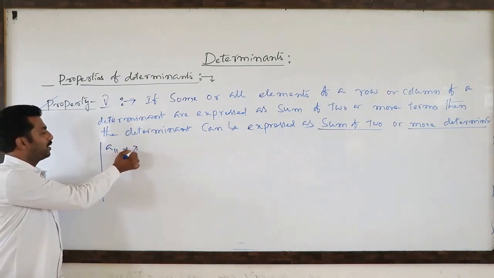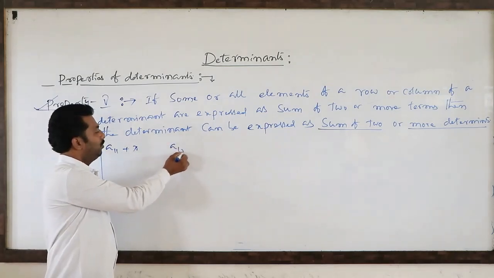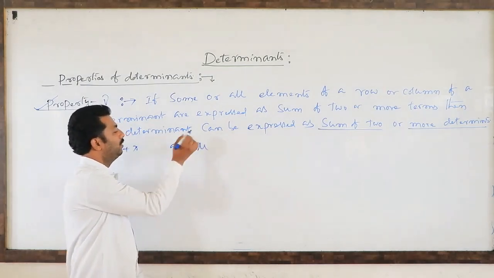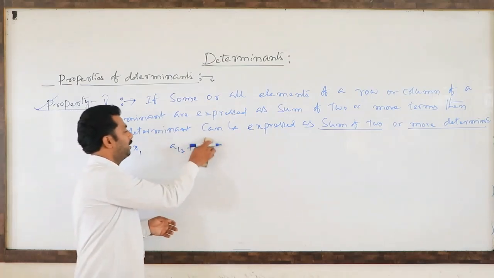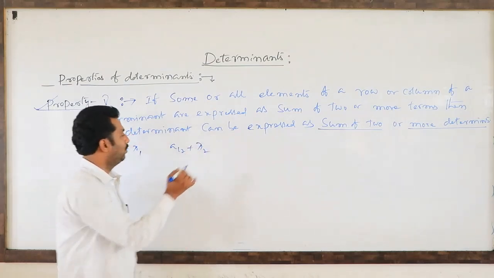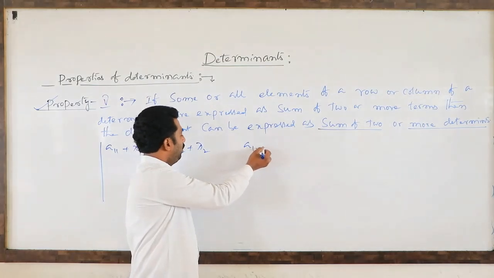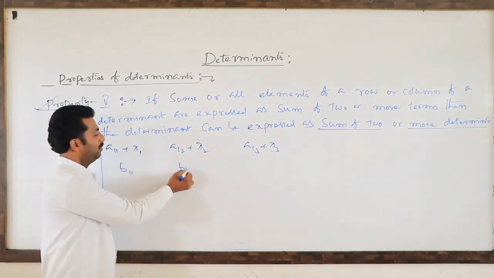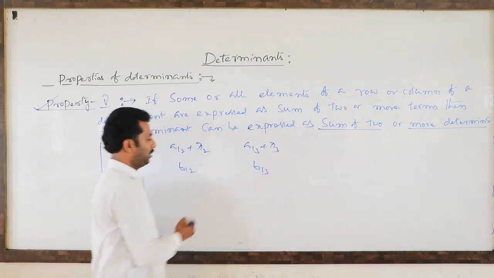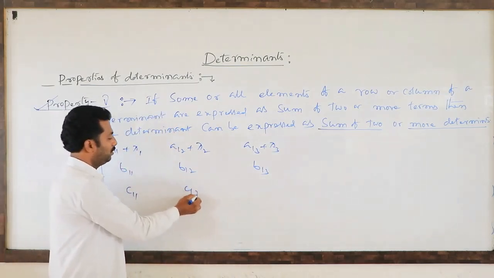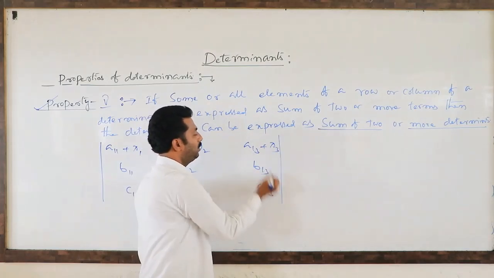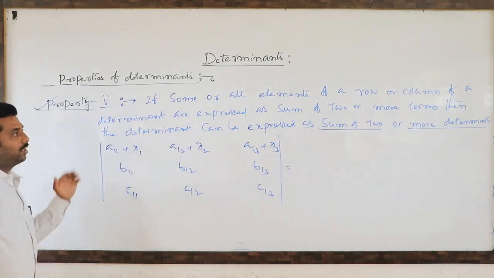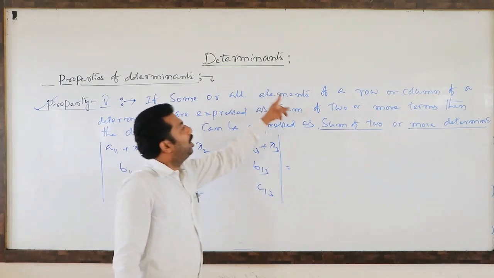Suppose the first row is a11 plus lambda 1, a12 plus lambda 2, a13 plus lambda 3; the second row is b11, b12, b13; the third row is c11, c12, c13.